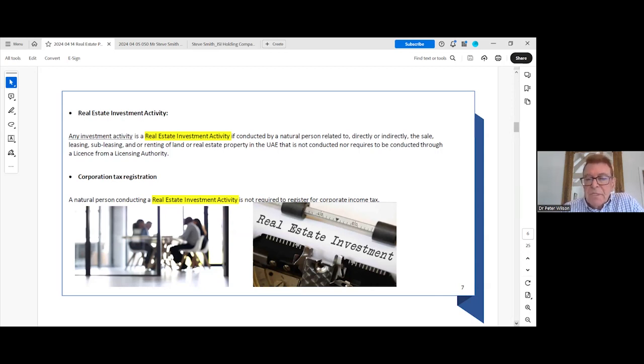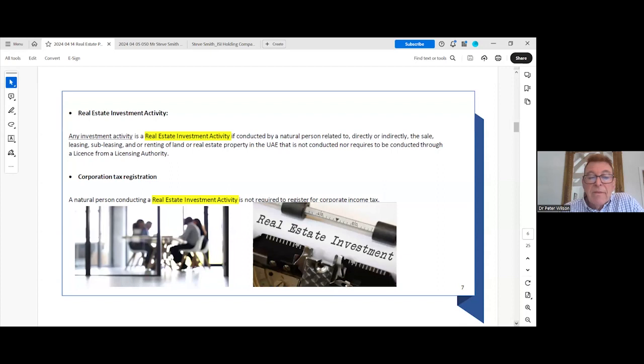So our prime two areas of activity for our discussion today, rentals and gains, should fall very nicely into the real estate investment activity exemption, as long as the natural person is actually carrying on an investment activity and not a trade.